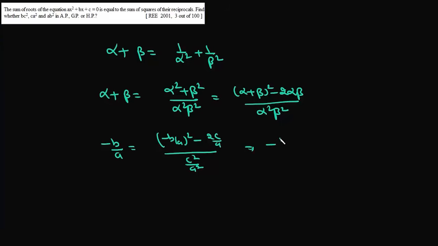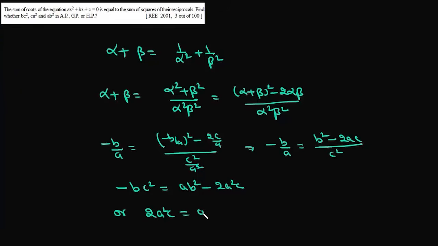We can write as minus b upon a equals b square minus 2ac upon c square, which we can write as minus bc square equals ab square minus 2a square c, or 2a square c equals ab square plus bc square, which means these three given numbers are in AP, and that is the answer to this question.